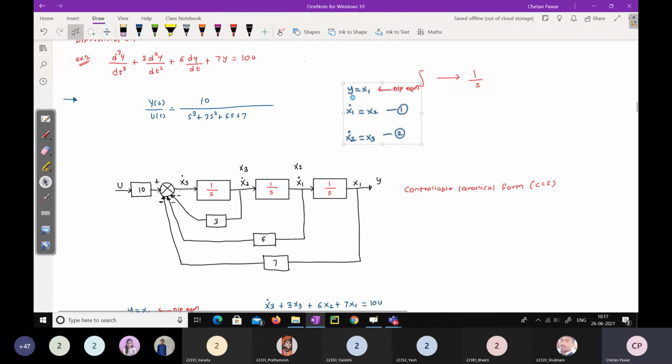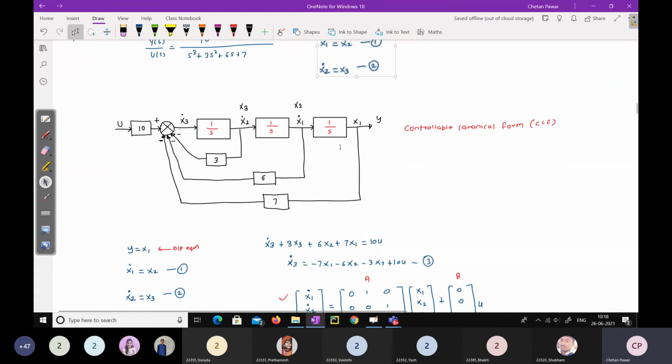You can determine this output equation directly by differential equations also. No need to draw this diagram, okay. So here, first variable we take as an output, okay. This x1 variable we take as an output, okay. So y will be equal to x1.